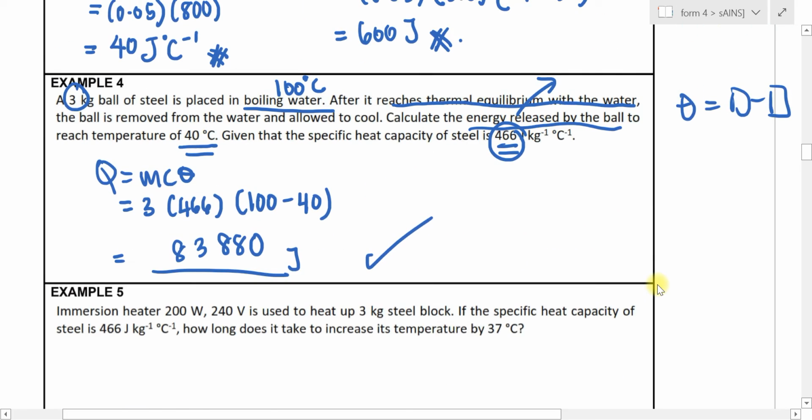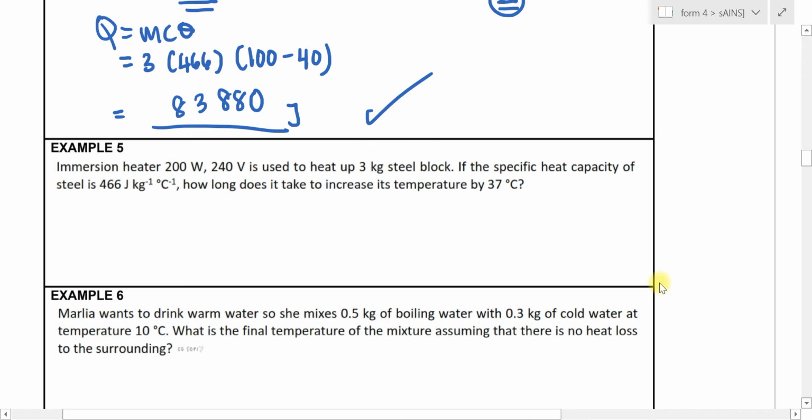Immersion heater 200 watt 240 volt is used to heat up 3 kg steel block if the specific heat capacity is 466. How long does it take? That means they're asking time. How long does it take to increase its temperature by 37 degrees Celsius?